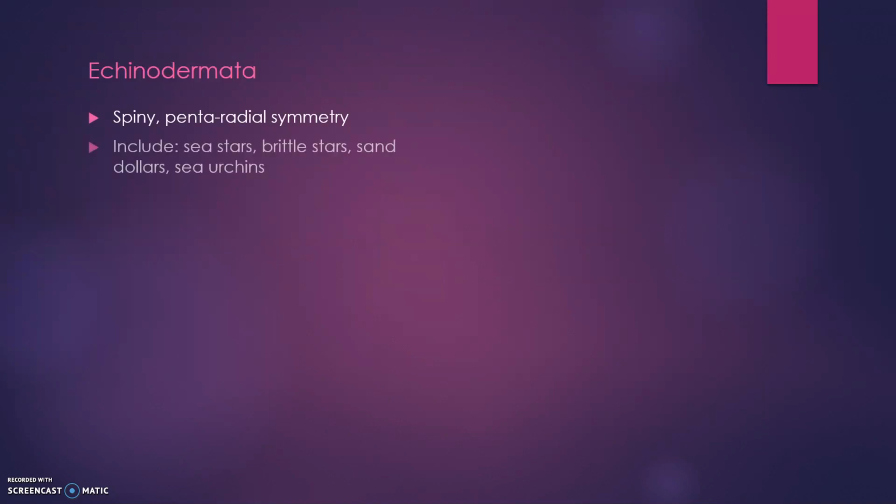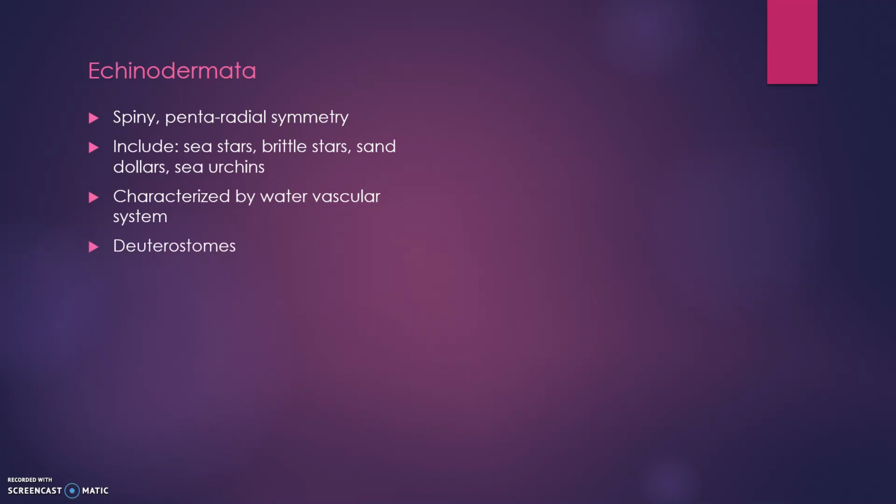Okay, moving on, then we have the echinoderms, which are spiny pentaradial organisms that include sea stars, brittle stars, sand dollars, and sea urchins. Now these guys have a totally unique system called the water vascular system. They have a series of canals and tube feet within their bodies that helps them with movement and feeding, and no other animal phylum has this, so it's incredibly unique to this group.